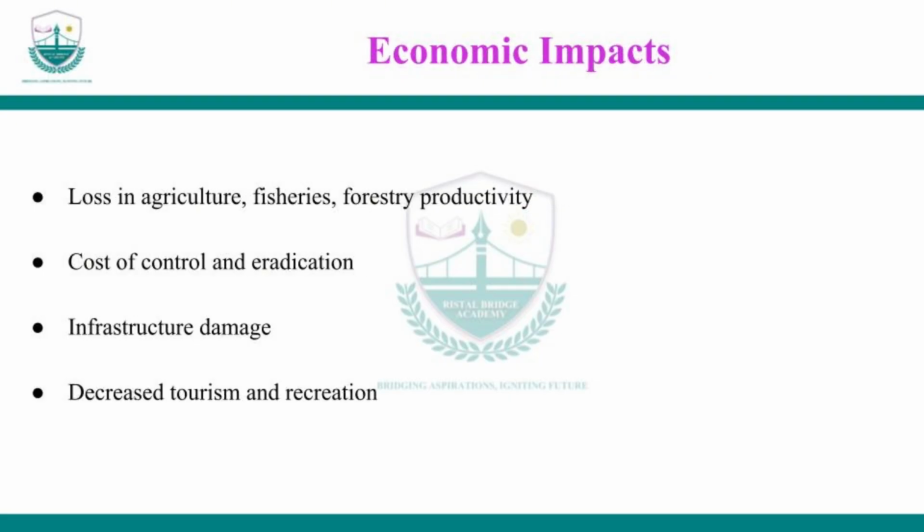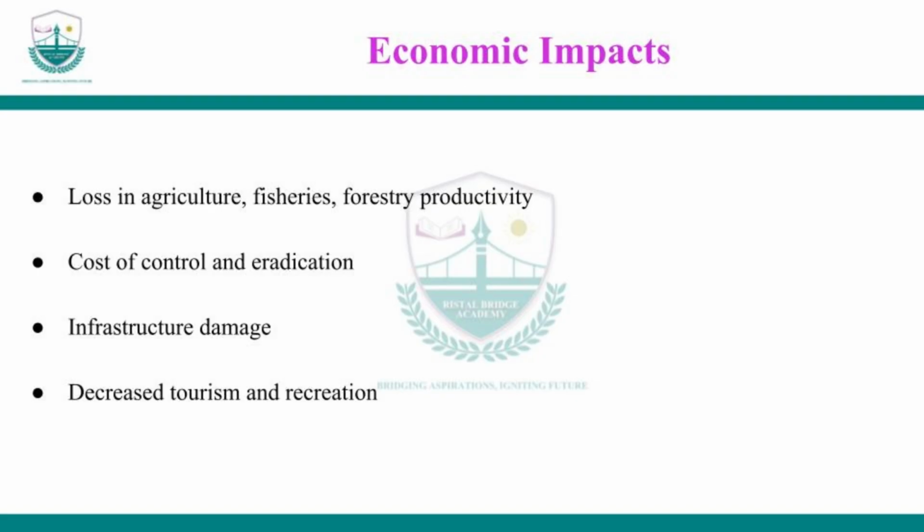Economic consequences. Let's talk money, because the economic costs of invasive species are enormous. Invasive species can decrease productivity in fishing, farming, and forestry, damage boats, dams, and irrigation systems, reduce tourism and recreation, and require expensive removal or control programs.